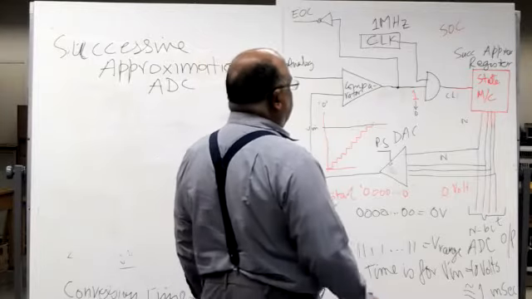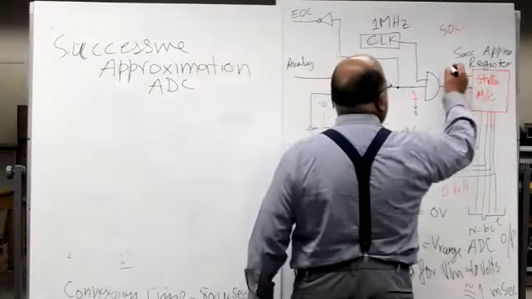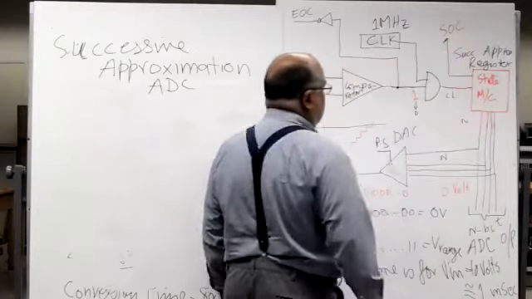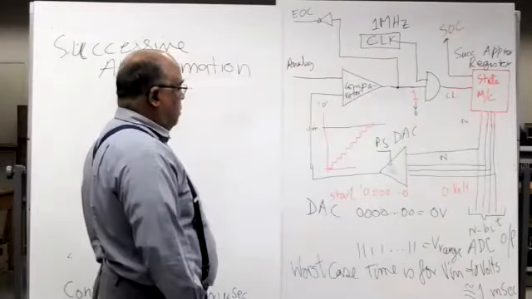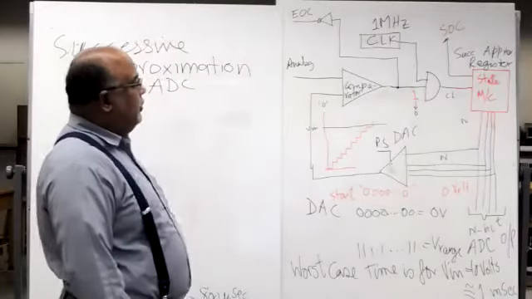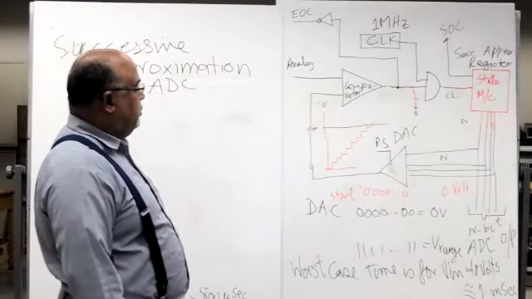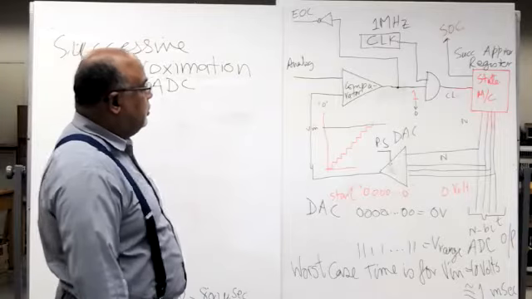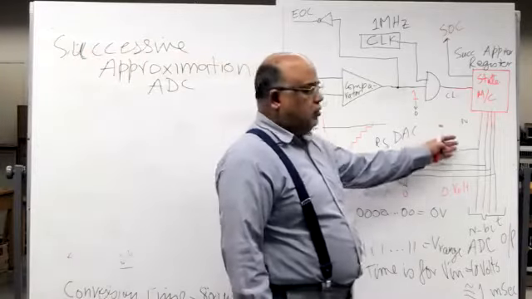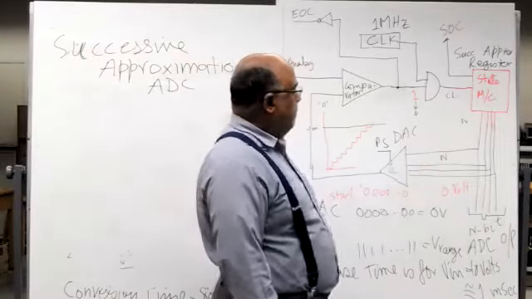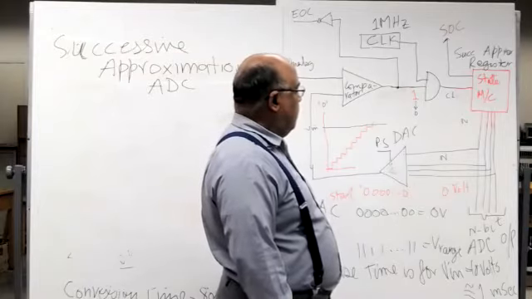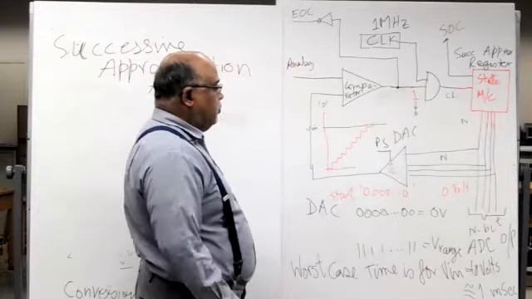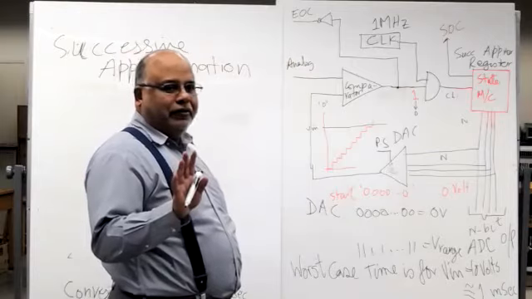So the start of conversion signal comes to this state machine. When the start of conversion signal comes to this state machine, what are the outputs? Outputs are not 0, 0, 0 in this case.